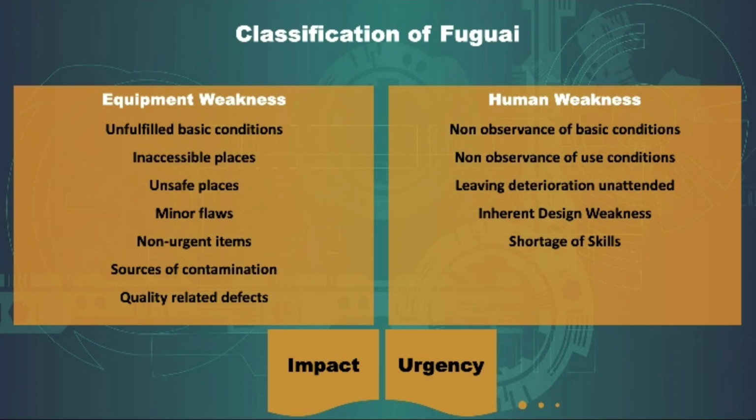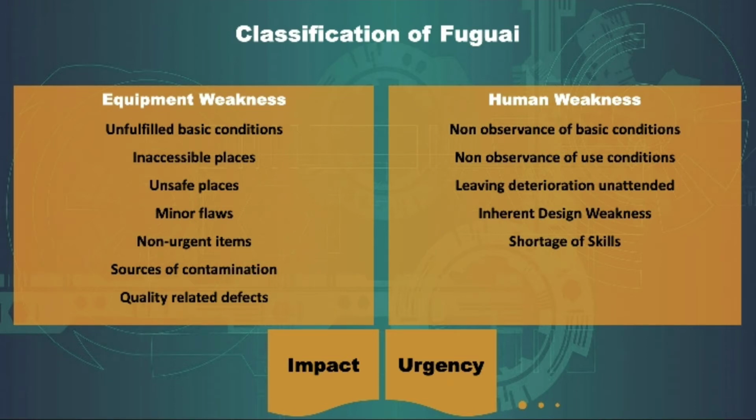Fuguais can be classified into two types, equipment weakness and human weakness. There are 7 equipment weaknesses like unfulfilled basic condition, inaccessible places, unsafe places, minor flaws, non-urgent items, sources of contamination, and quality-related defects.